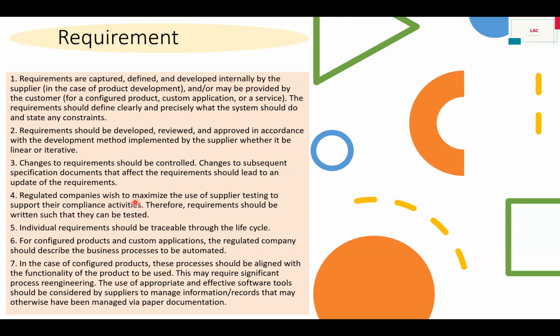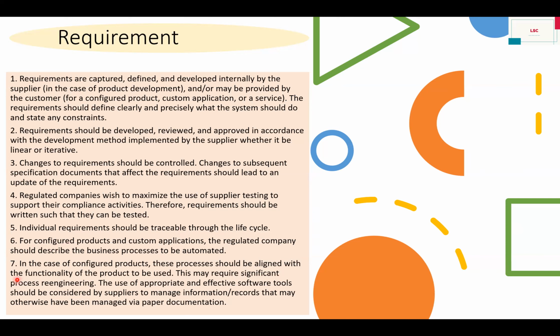Therefore, requirements should be written such that they can be tested. Individual requirements should be traceable through the life cycle. All requirements should be traceable throughout the life cycle, meaning your traceability matrix.